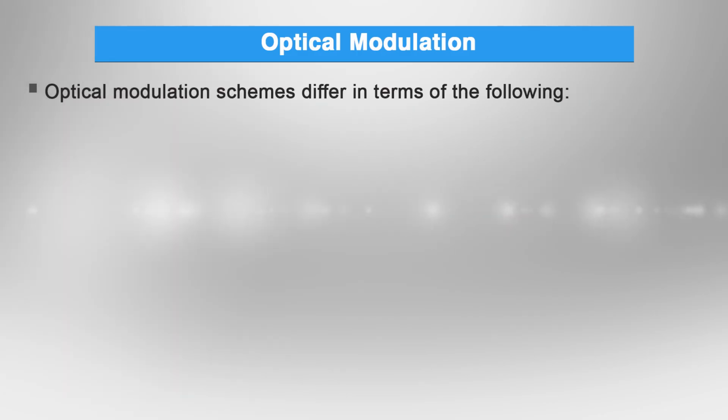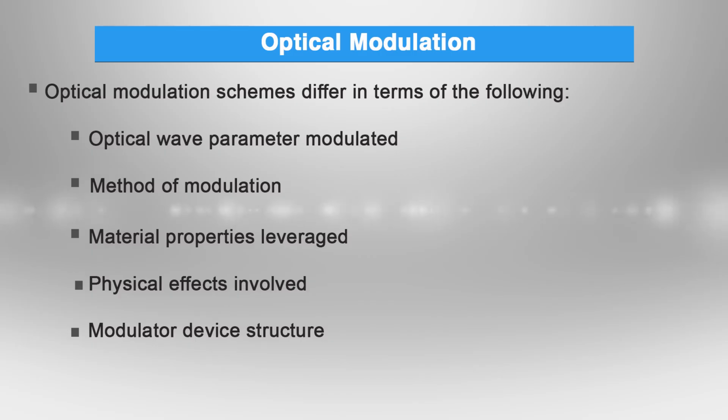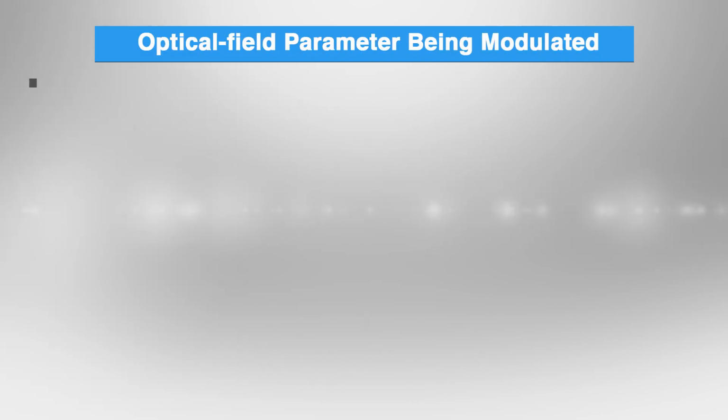Optical modulation schemes differ in terms of the following aspects: first is the optical wave parameter modulated, the method of modulation used, the material property leveraged, the physical effect involved, and the modulator device structure. Now let us discuss the optical field parameter which is being modulated.